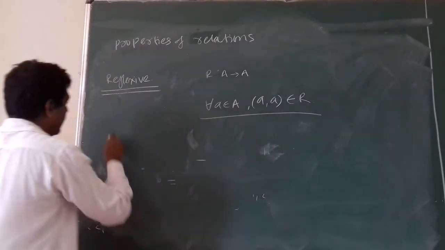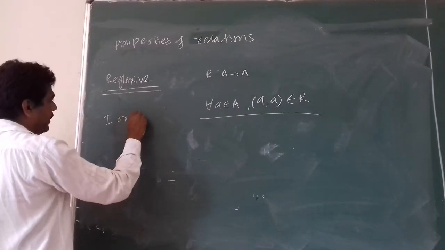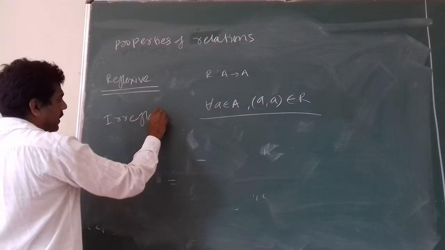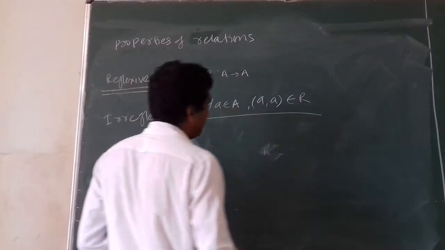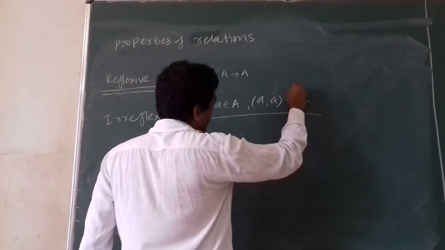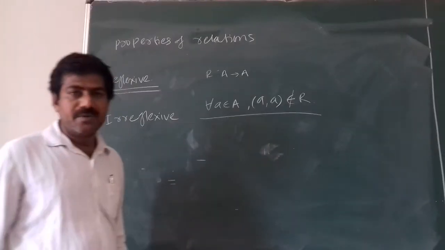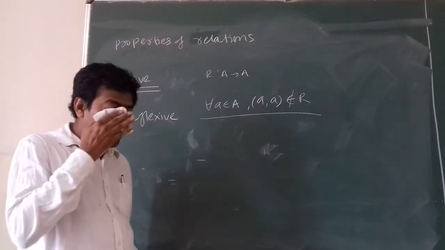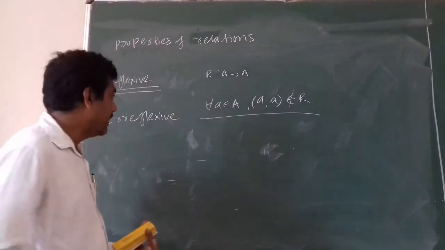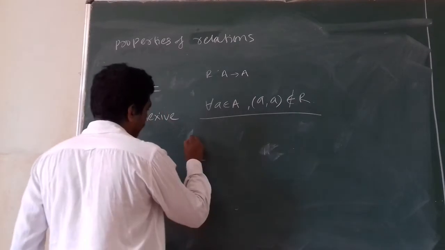And next is the irreflexive property. Irreflexive means for all a belonging to capital A, a comma a does not belong to capital R. Means no element is related to itself. Then that relation is termed an irreflexive relation.